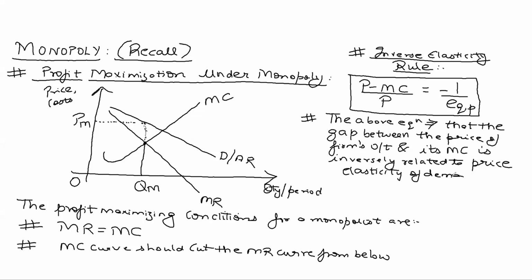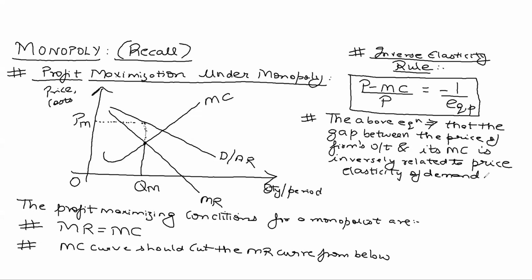We had discussed it in the previous lecture that the more elastic the demand is, the lower will be the relative markup. The less elastic the demand is, the higher will be the relative markup.